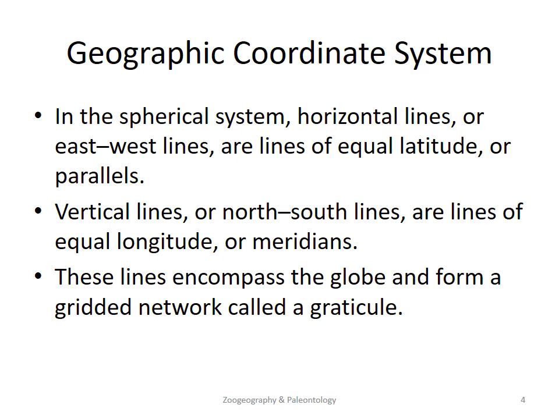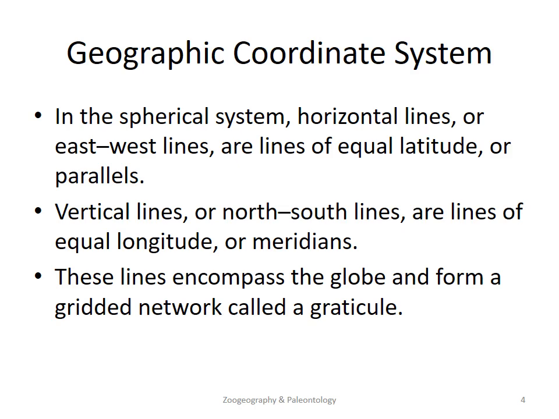Vertical lines run from north to south. These are also known as lines of longitude or meridians. The 0-degree longitude, also known as the prime meridian, passes through Greenwich, London. All other lines also run from north to south. However, unlike the parallel lines, the longitude lines are not parallel.